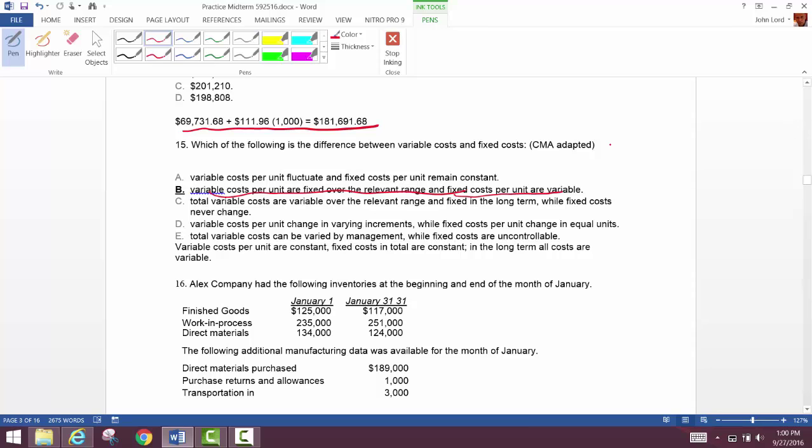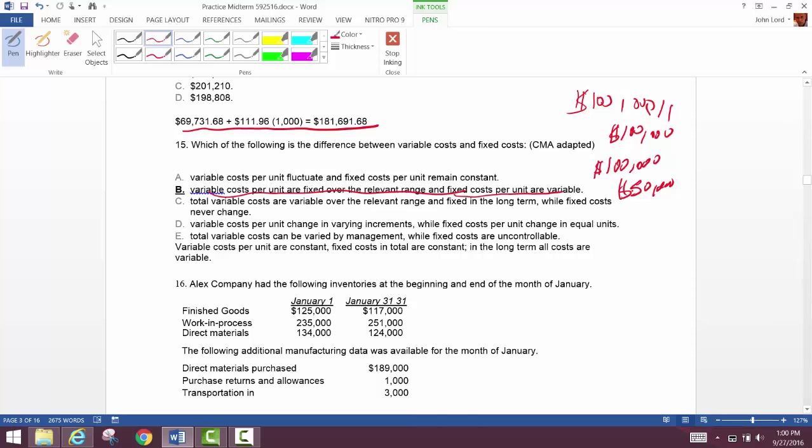So if I have $100,000 of fixed costs and I produce 1 unit, what's my fixed cost per unit? 100,000. But if I produce that second unit, now my fixed cost per unit is how much? 50,000, right?